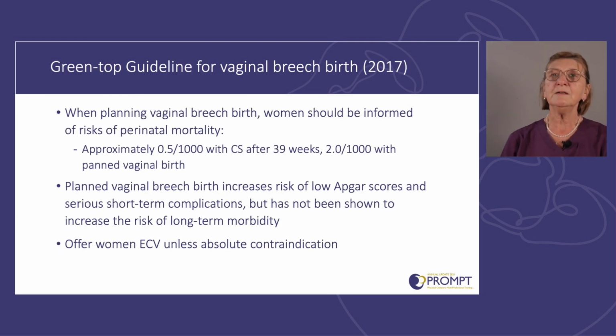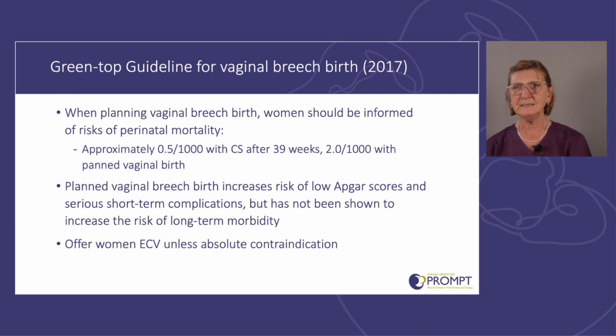So going on to our national guidance, we have the RCOG Green Top Guideline that came out in 2017, and essentially this discusses planning for vaginal breech birth, and again it discusses the importance of women being informed of the risks of perinatal mortality.